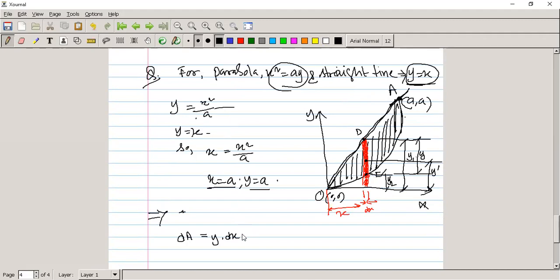Which is nothing but y1 minus y2 into dx. Again, y1 is nothing but x and y2 is nothing but x square by a. Because why is it like that? Because this is y2 and this is a parabola, and y1, this is a straight line. Clear?